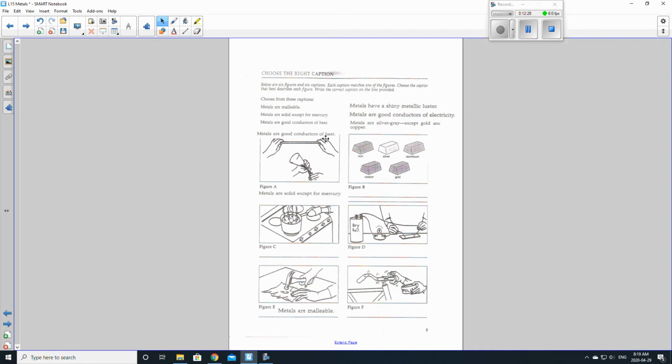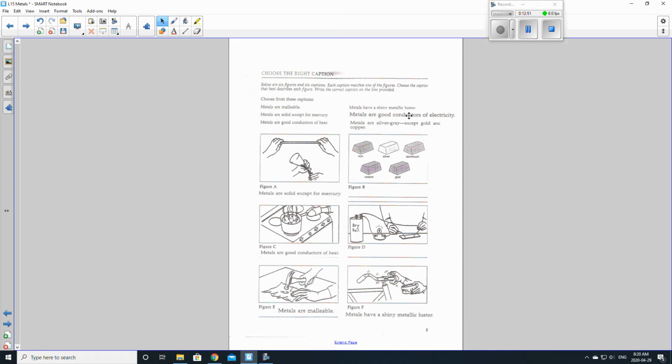Metals are good conductors of heat. So this one on the stove top, I used a metal pot because it conducts the heat and passes the heat directly to the food. Metals have a shiny metallic luster. Luster, we're polishing up this metal and making it shiny right there.